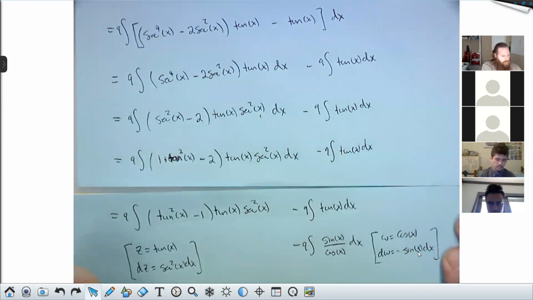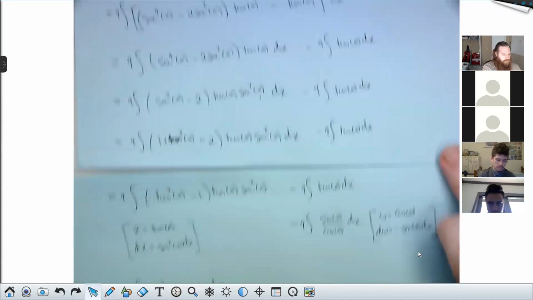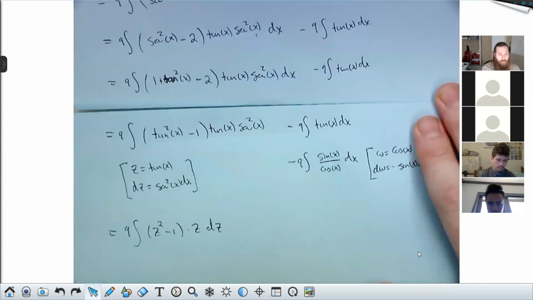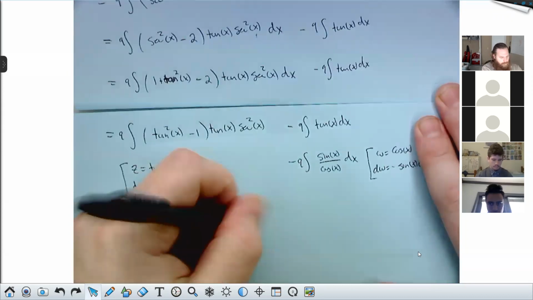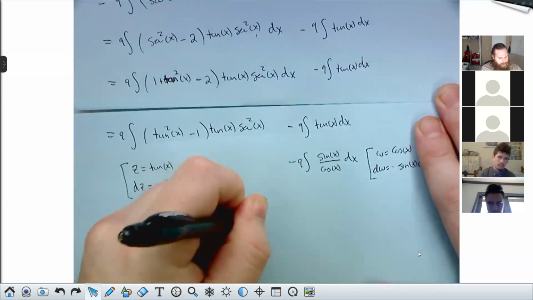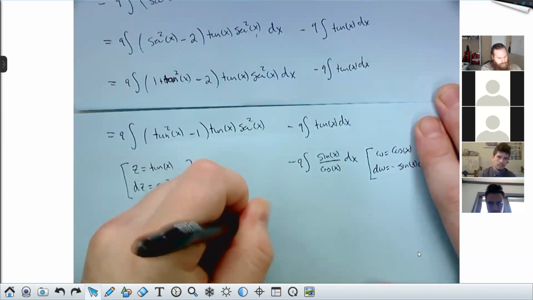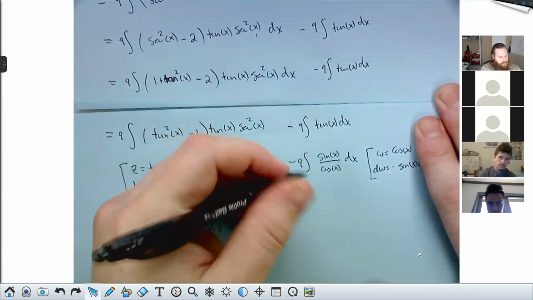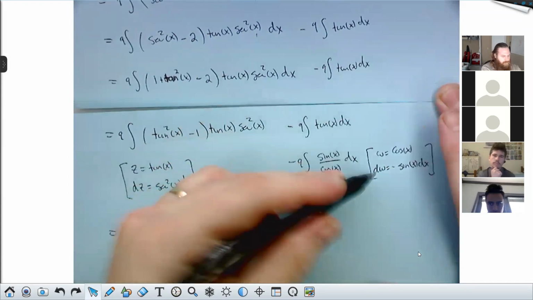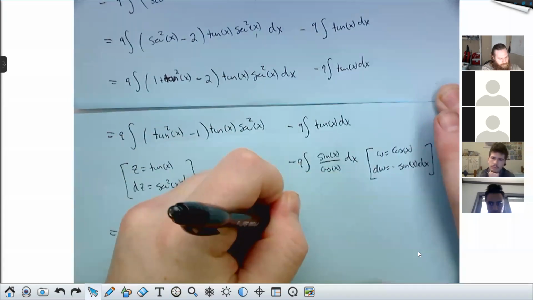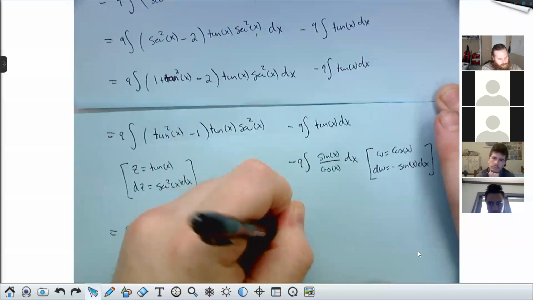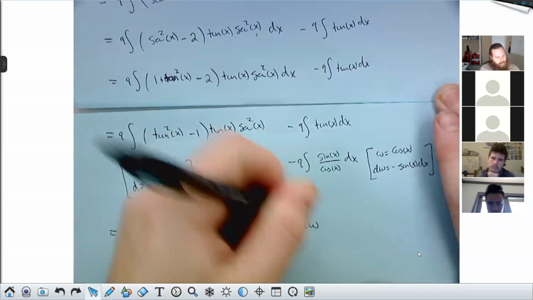So altogether here, I'm going to have 9 integral z squared minus 1 times z dz, that's that first integral, minus 9 integral sine x dx is negative dw, so I'll have negative 1 over w dw here.